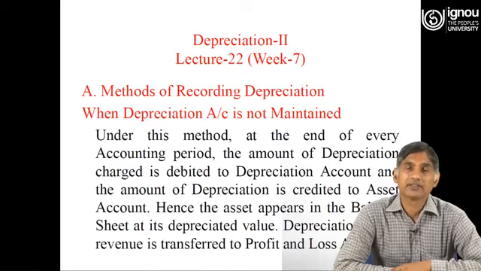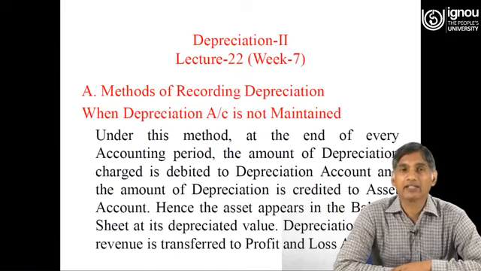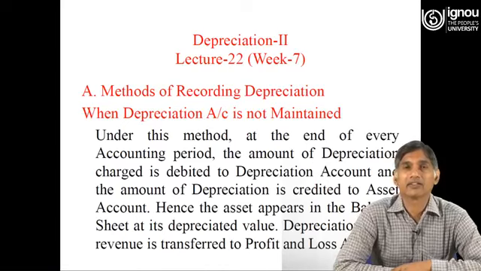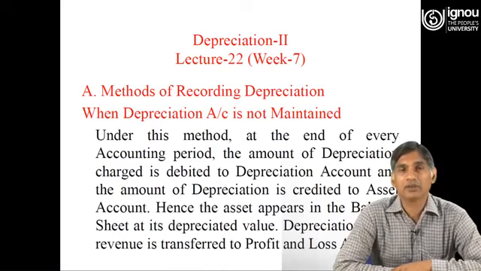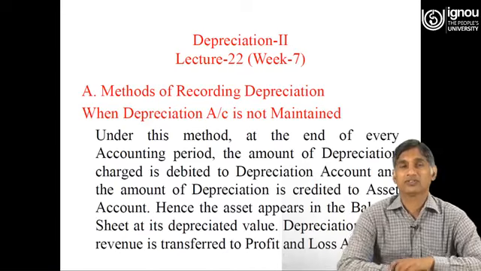And the asset appears in the balance sheet at its depreciated value. Say for example, if we buy an asset of rupees 1 lakh and charge the depreciation of rupees 10,000 for the first year.